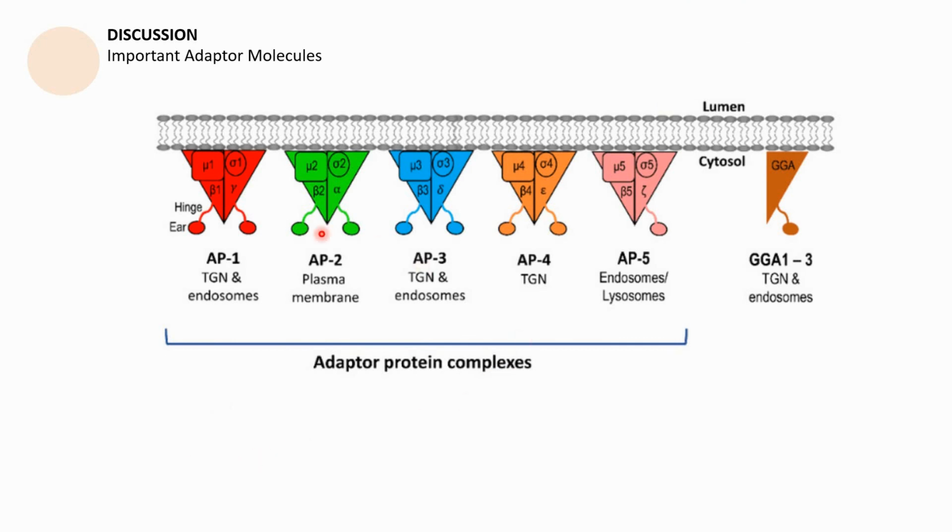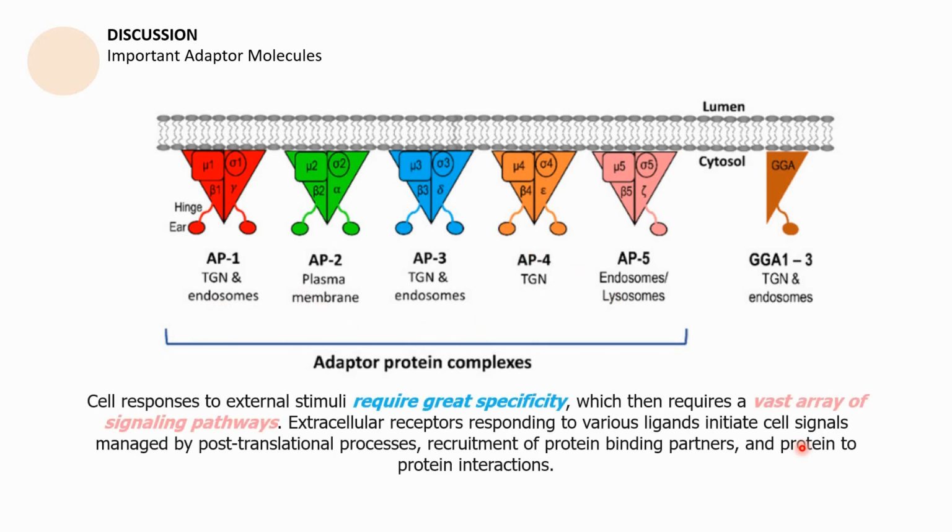So, lahat ng to, magkakawig sila, but they actually have specific purposes. They can actually adapt to various processes. A cell responds to external stimuli, and those external stimuli may be varied, diverse. They require great specificity. Because of that, there's a requirement for a vast array of signaling pathways.